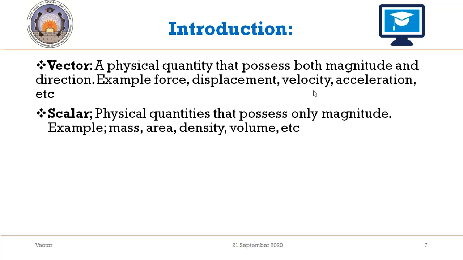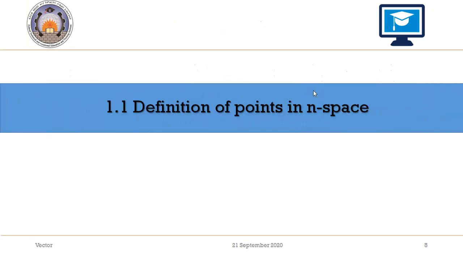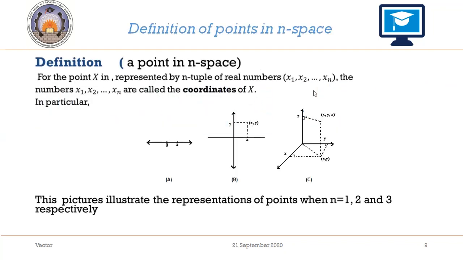Before defining a vector, let's see the definition of points in n-space. For a point x in n-dimensional space represented by an n-tuple of real numbers x1, x2 up to xn, the numbers x1, x2, xn are called the coordinates of x. In particular, when n is equal to 1, the point is represented on a number line.